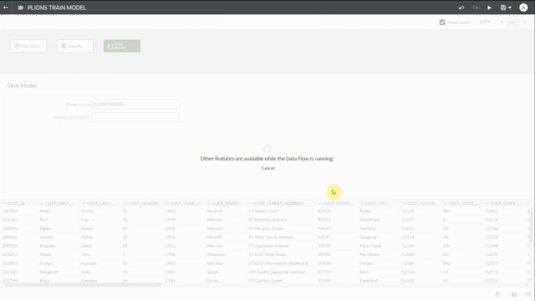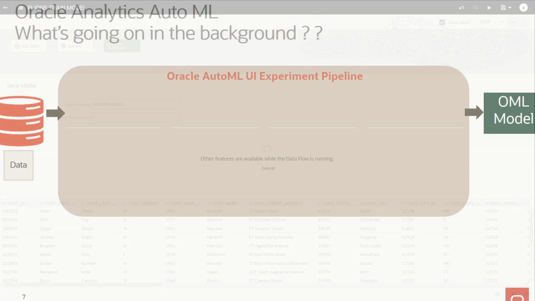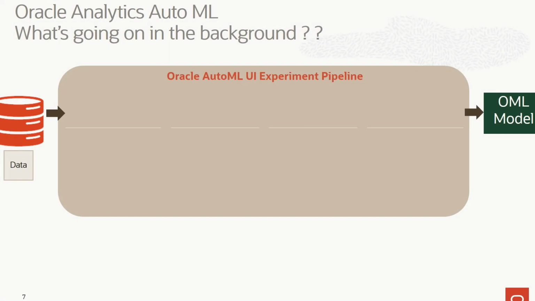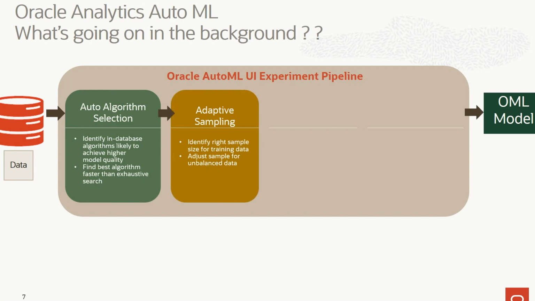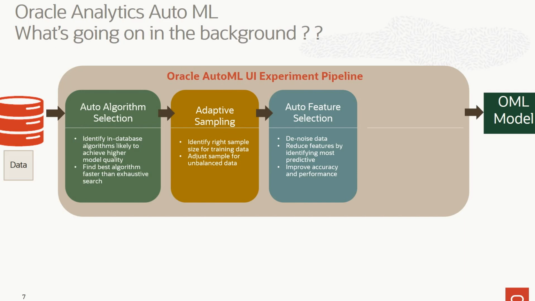So exactly what is going on here is a sequence of steps in the database called the AutoML pipeline, where the machine learning engine from the database uses the context of what we have just entered and first identifies what algorithms can contribute to designing the best model for that context, does a custom adaptive sampling on the data that we have, then introspects the data and does the best column selection that can contribute to the model quality.